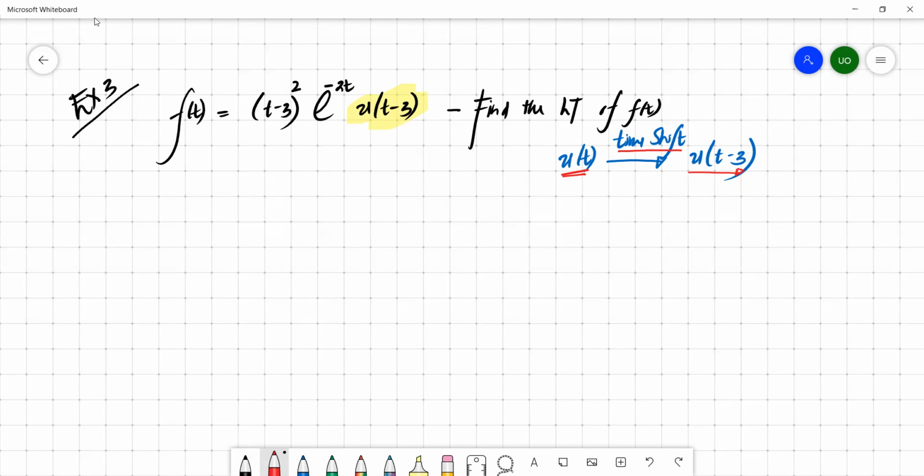So let's think of what would be the root function. Here there's a t minus 3, and here also there is a t minus 3. Let's take a function f tilde of t.